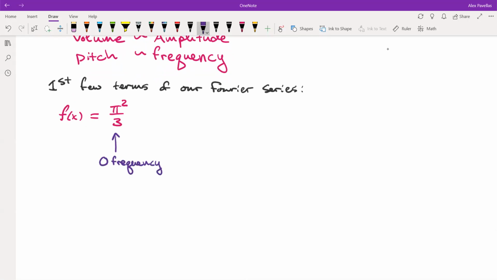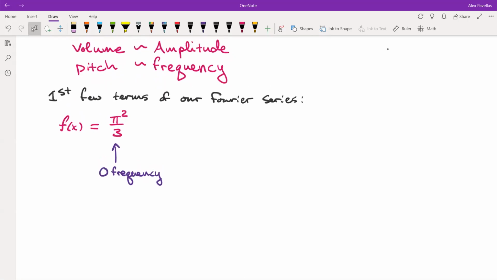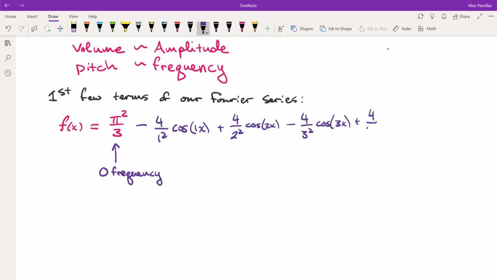And then the next term would be minus 4 over 1 squared times cosine 1x, and then plus 4 over 2 squared cosine 2x, and then minus 4 over 3 squared cosine 3x, and then plus 4 over 4 squared cosine 4x, et cetera.